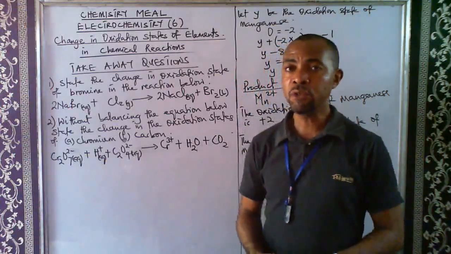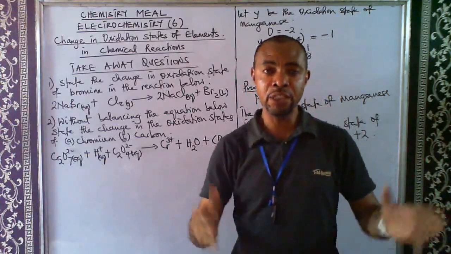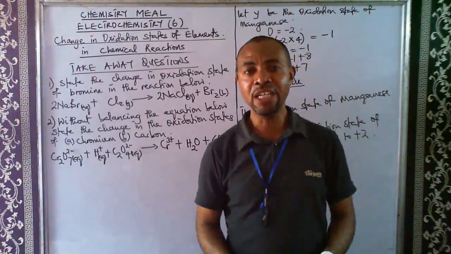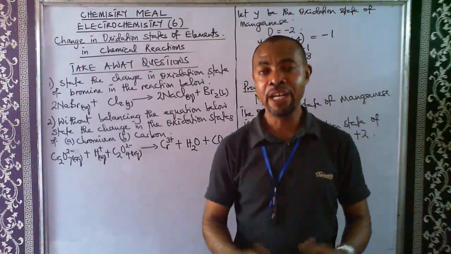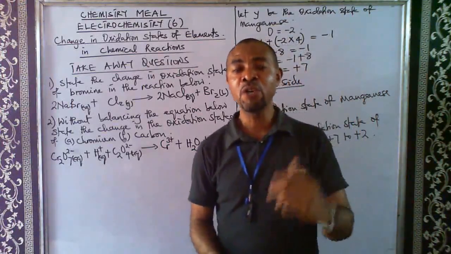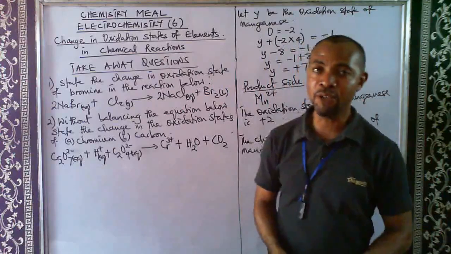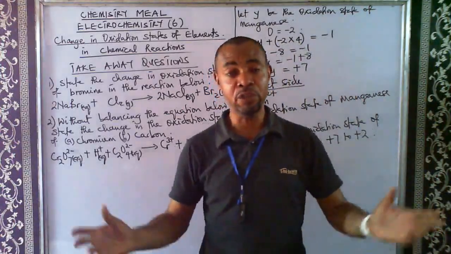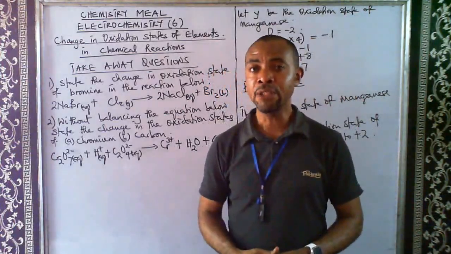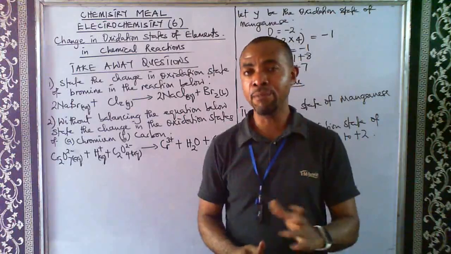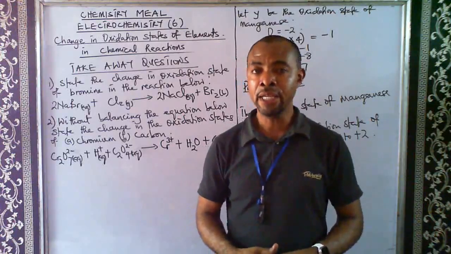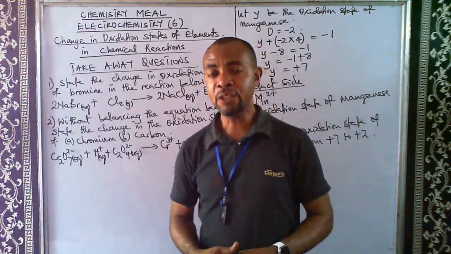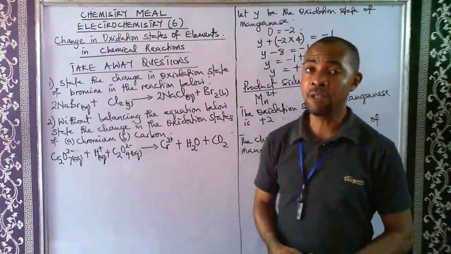When we finish with redox reaction, electrolysis is waiting for us. Even if we finish electrolysis, electrode potential is still part of electrochemistry. And then finally, we are going to conclude it with the concept of electrochemical cell. So you see, you cannot afford to miss any of these videos in electrochemistry. And you know that this topic is very, very important in chemistry, because most exam bodies usually set questions from this particular topic.